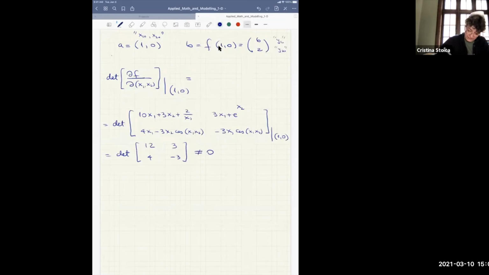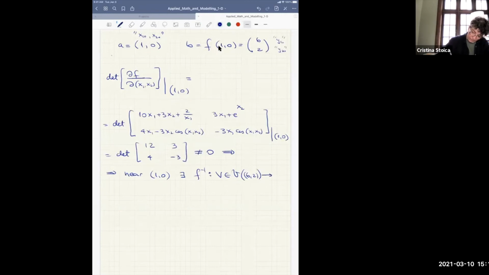Okay, so the point is that this determinant is non-zero, so this means that near (1, 0) there is f^-1, defined on a neighborhood of (6, 2), and it goes into a neighborhood of the other one here.